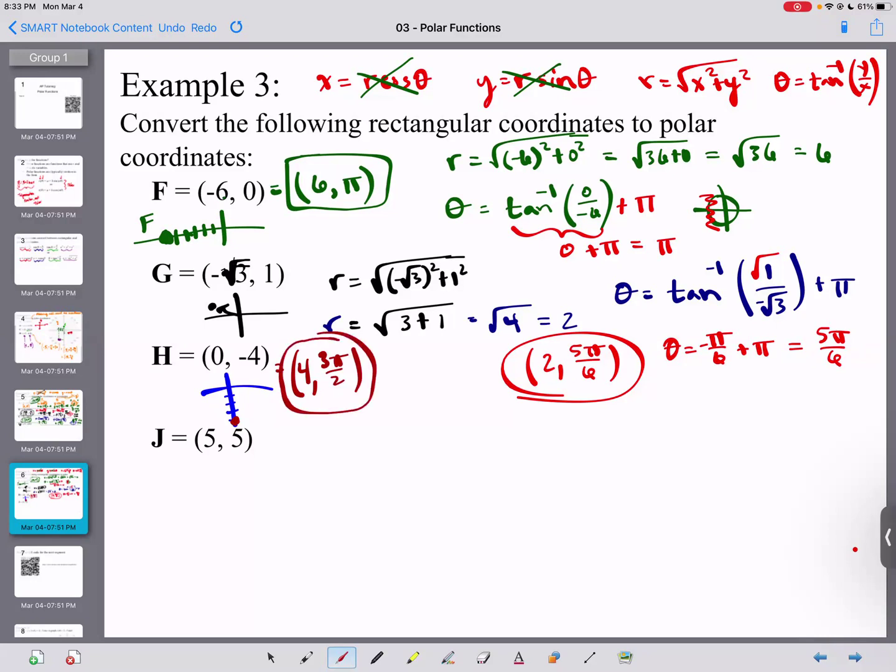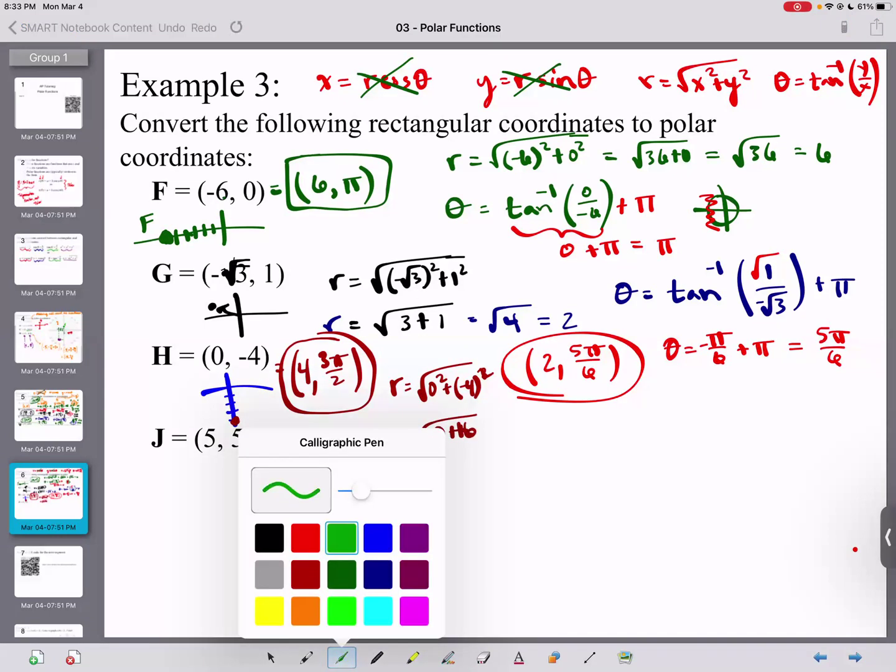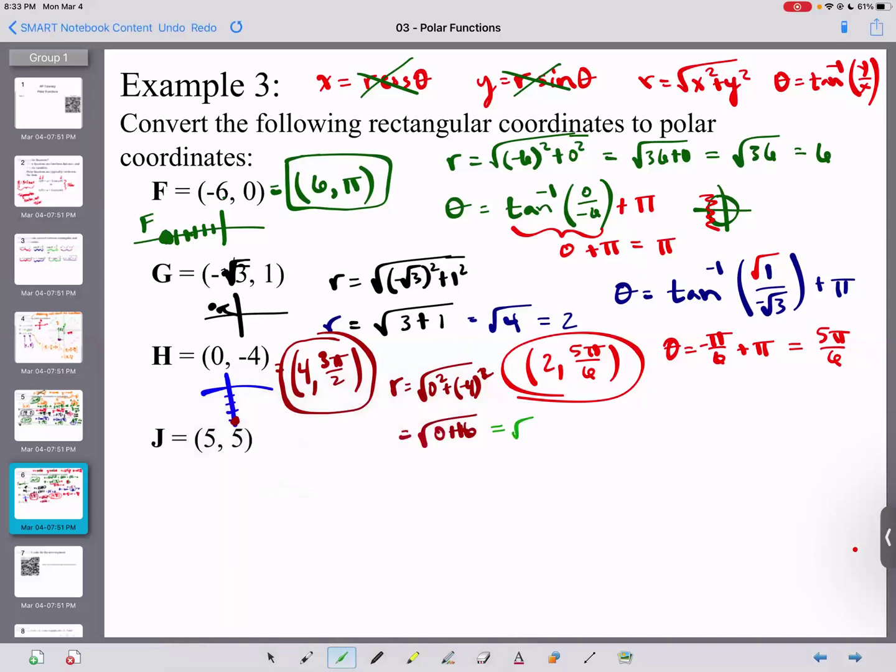Now, what you could do, though, if you need to, is the square root of 0 squared plus a negative 4 squared, which is going to equal the square root of 0 plus 16, which will finally equal the square root of 16, which equals 4. So we were right on the radius.